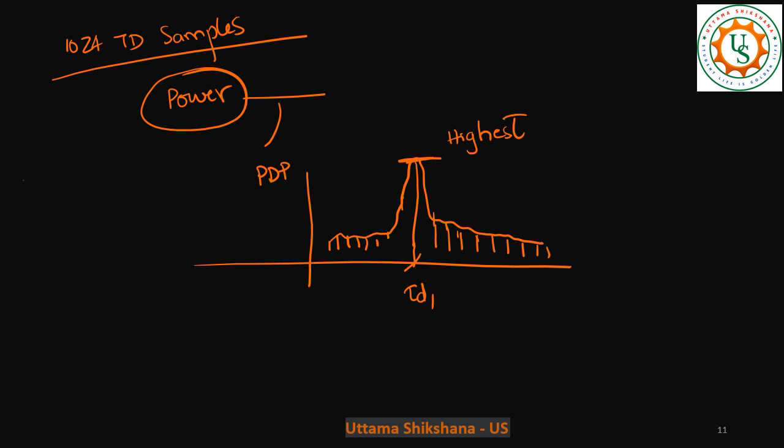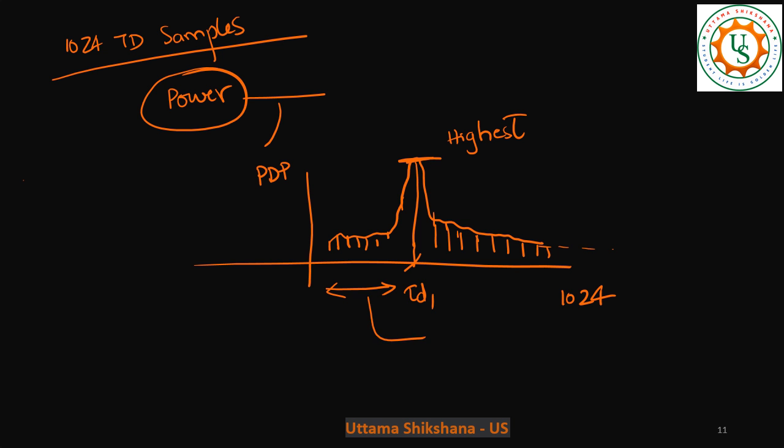So if you plot the output of this, you will see it like this. How many samples are in this? 1024 samples. Correct. Initially you had 2048, and from there you finally ended up with 1024. Now out of 1024, you don't know where it is.